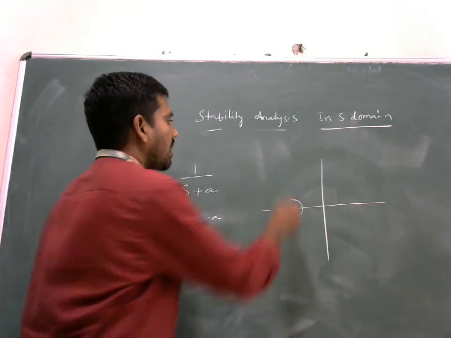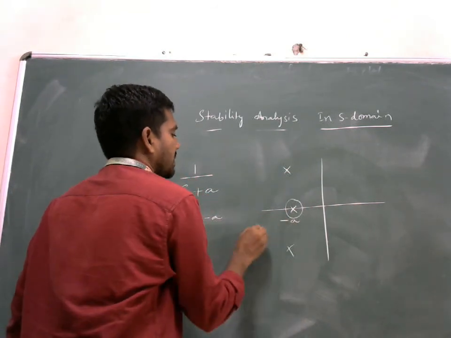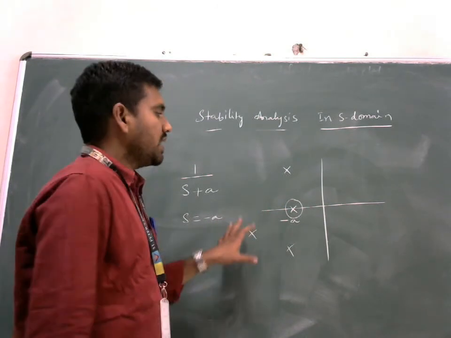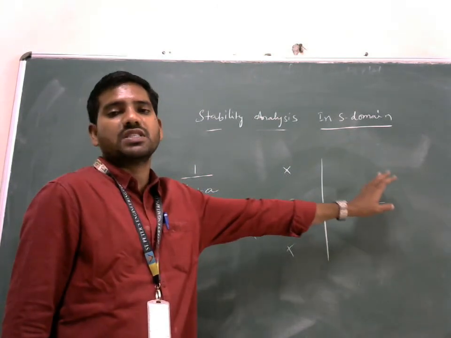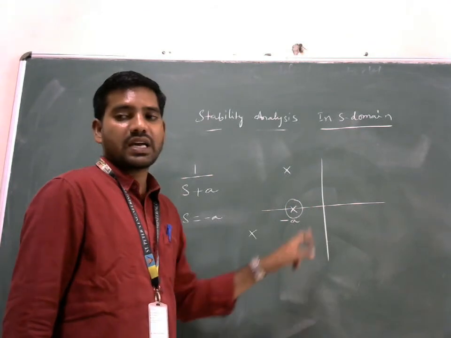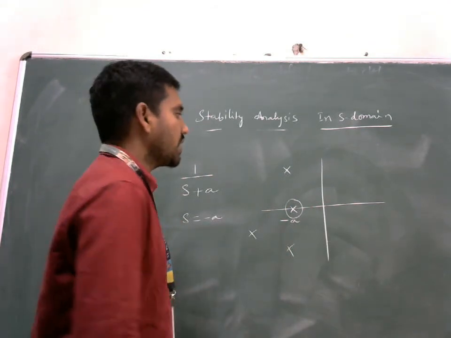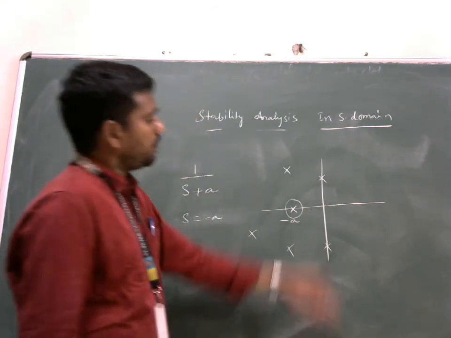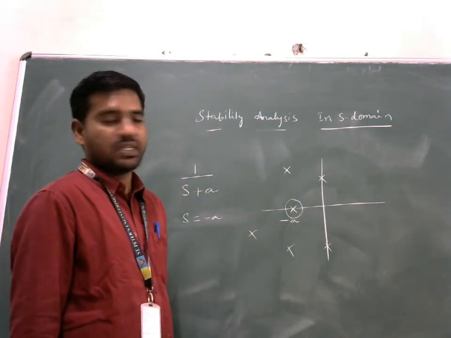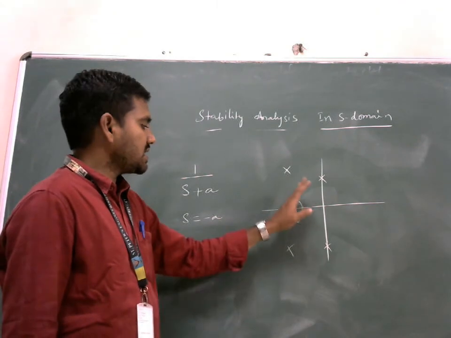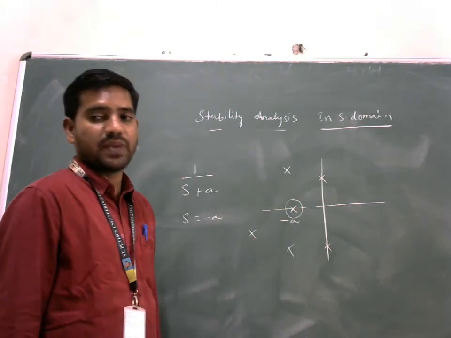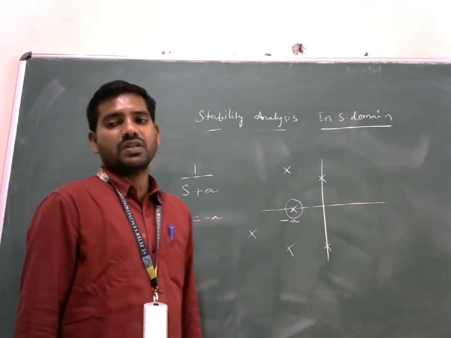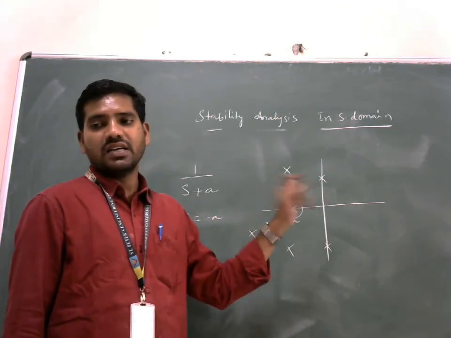For example, if all the poles are in the left half of the S plane and there are no poles on the right half, then this is a stable system. If there are two poles on the imaginary axis and the remaining poles are in the left half of the S plane, then that particular system we call marginally stable.